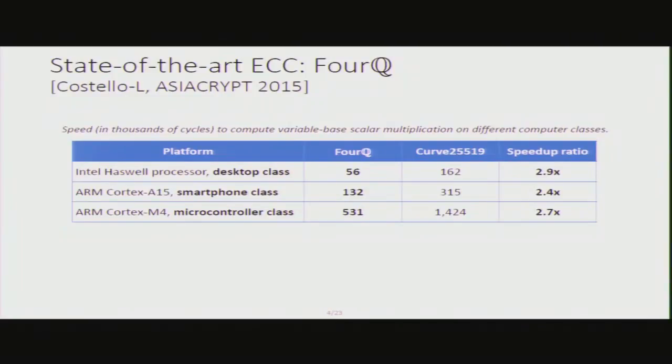And you can see, compared with Curve25519, we observe a significant speed ratio well above 2x and even close to 3x in some cases. So from a certain perspective, we can think of 4Q as the Road Runner of elliptic curves or something like that.